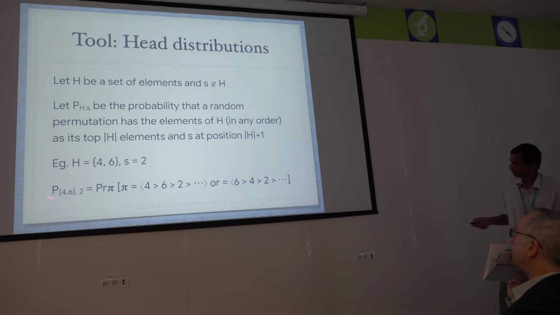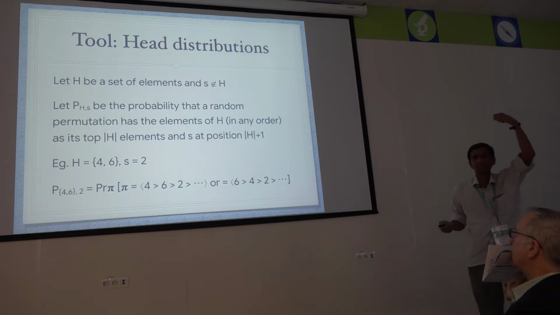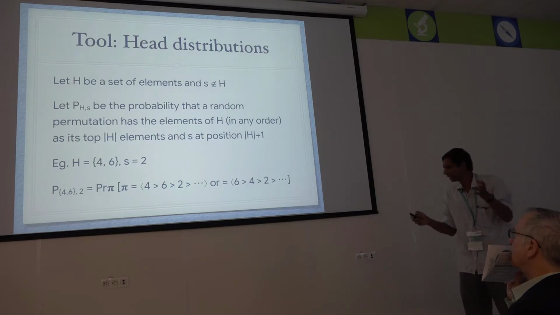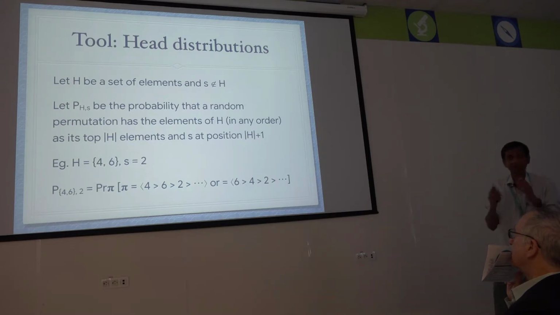So the probability of 4, 6, 2 is exactly that you pick pi from this unknown distribution, and pi begins either like 4 over 6 over 2 followed by whatever, or 6 over 4 over 2 followed by whatever. So basically it puts H in the beginning in some arbitrary order, we don't really care, but S occurs in the |H| plus first position. This is a really crucial tool to be able to do the transformation that I talked about.